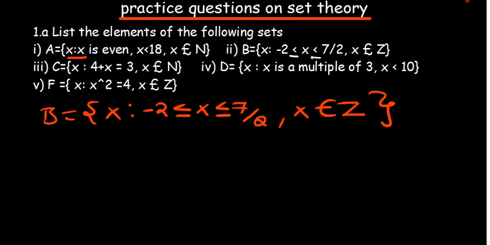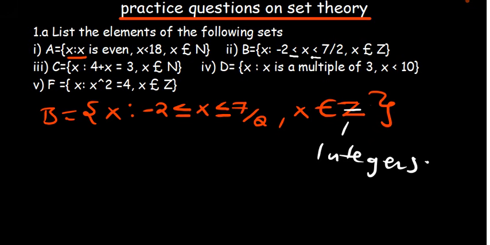Now, if you ask yourself, what are integers? You need to understand what integers are; that's when things will make sense to you. Whenever you see this letter, it represents integers. Integers are negative and positive whole numbers.